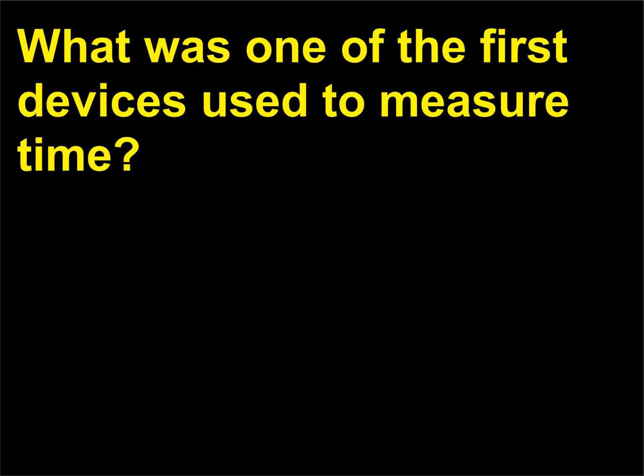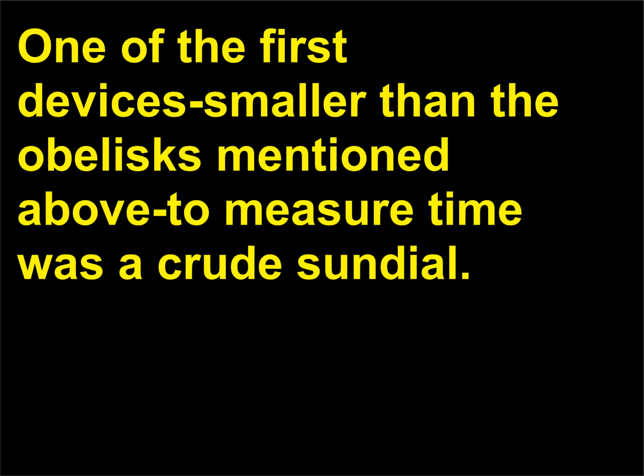What was one of the first devices used to measure time? One of the first devices smaller than the obelisks mentioned above to measure time was a crude sundial.